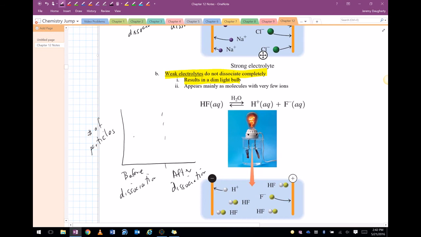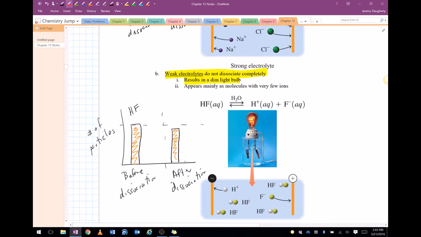All right, so here is HF, hydrogen fluoride, before we dissociate. Then after we dissociate, let me draw my straight line, we end up with almost all of our hydrogen fluoride still. So we still have hydrogen fluoride.